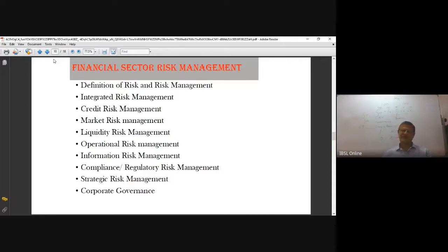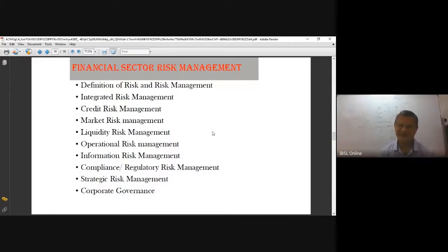So in the coming weeks, we are going to deal with all this subject matter. Today, we are dealing with the definition of risk and risk management. I have given you the definition of risk in various forms. Now we'll move on to the subject proper.